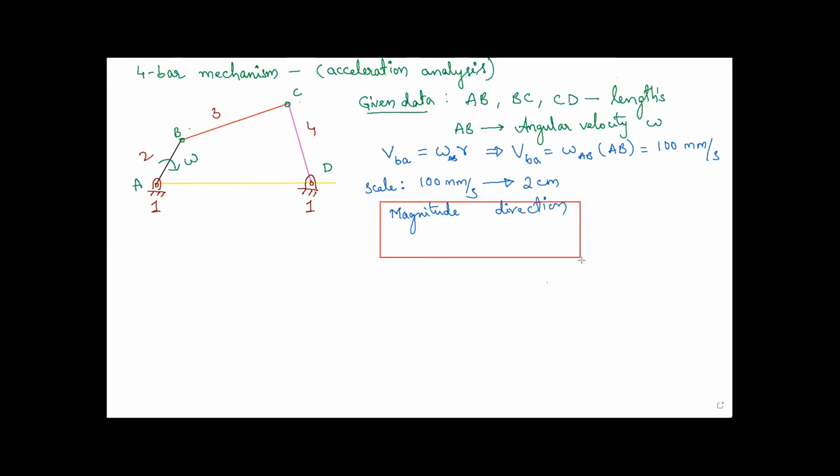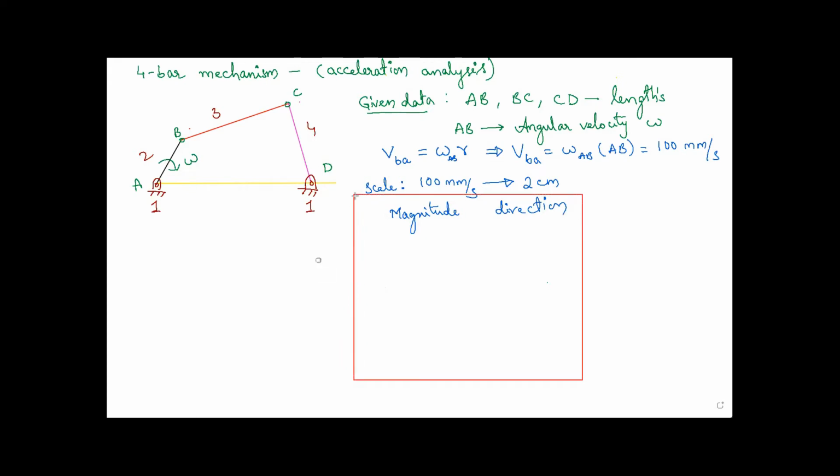Let's make a small tabular column, which will be good for us to analyze all 4 links. Magnitude, direction, and we can write the link number here. So I'll write link over there, then magnitude over here, and the remaining is direction.